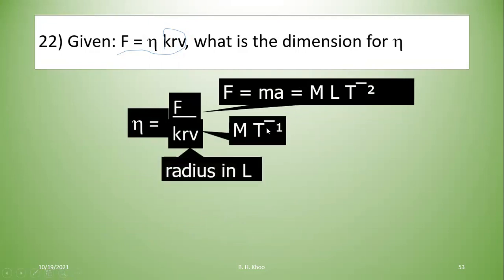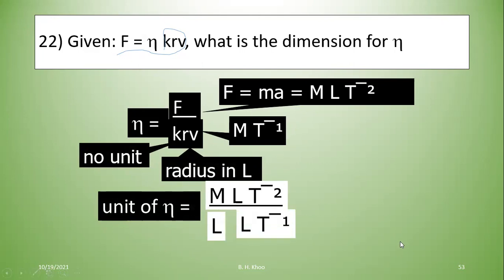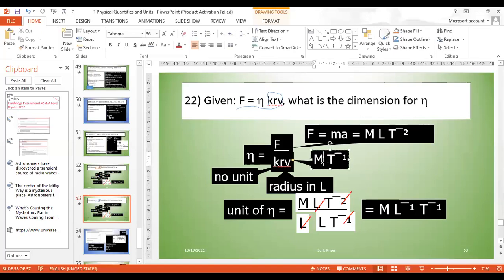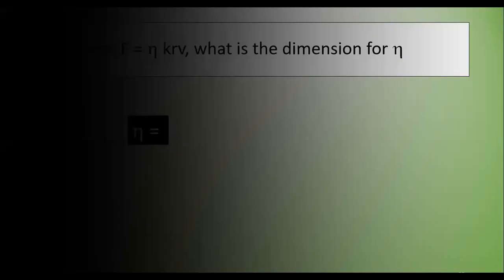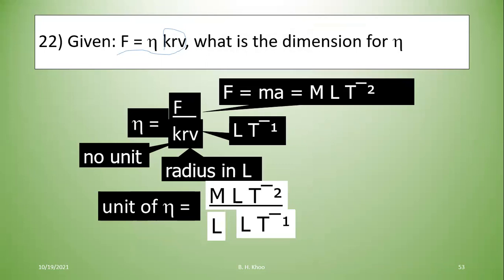That is the dimension of speed. Radius is length. K, no unit, no dimension. That's your force F. Then you have your length and T. Speed is length divided by time, LT^-1.